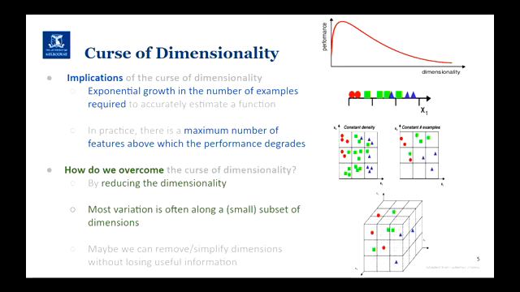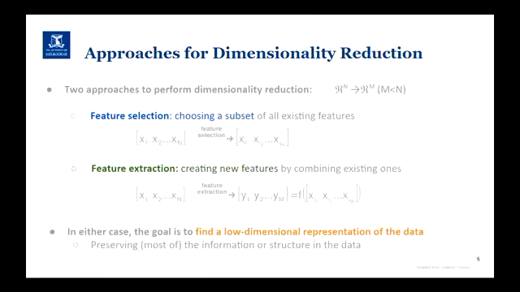The way to overcome the curse of dimensionality is, of course, reducing dimensions and throwing away things that are not relevant or not important. The basic assumption is that most of the variation is often in a small subset of the data, so the true structure of the data is hopefully in a smaller manifold. We discussed 2 main approaches for dimensionality reduction.